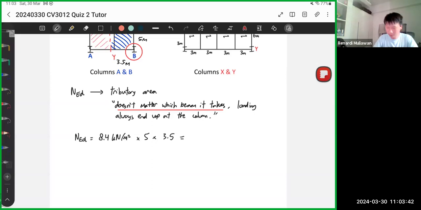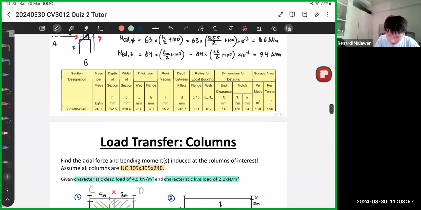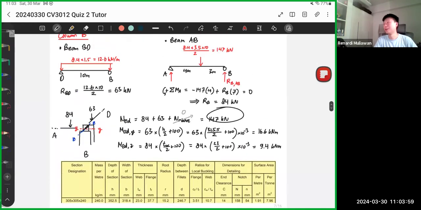You will get 147 kilonewtons. So if you check, 147 with the one just now is 147 as well.